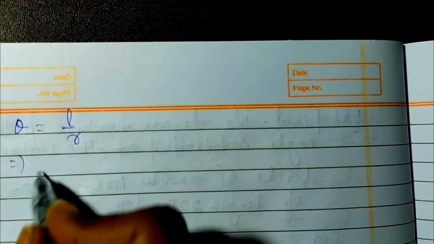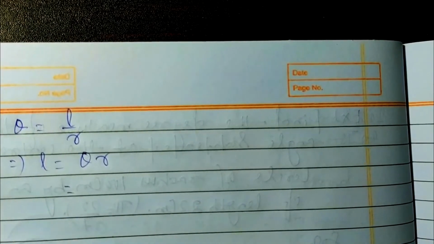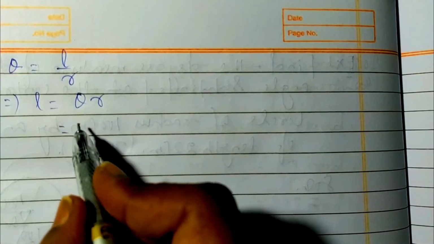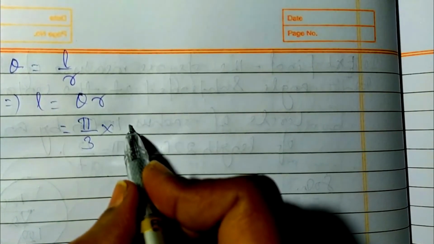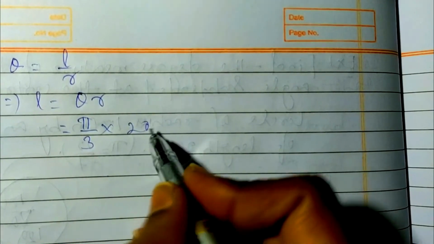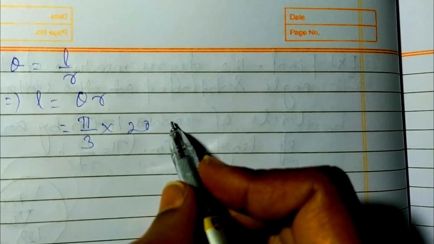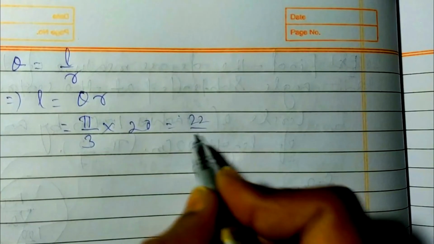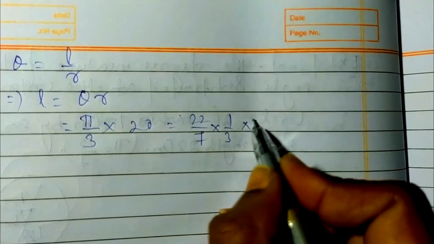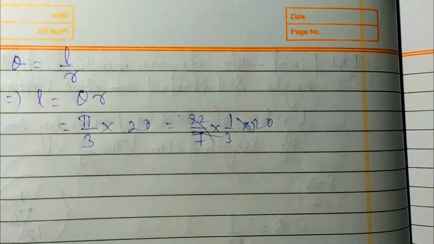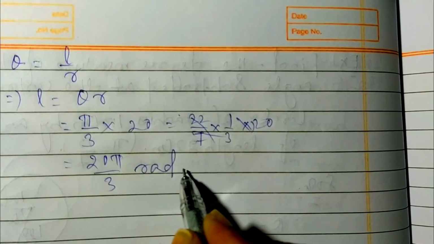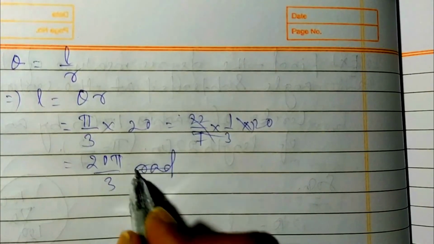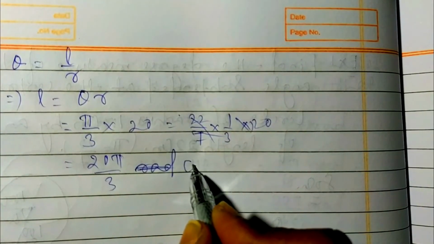Theta is equal to L by R, so L is equal to theta into R. So pi by 3 into 20, that is 20 pi by 3 centimeter.